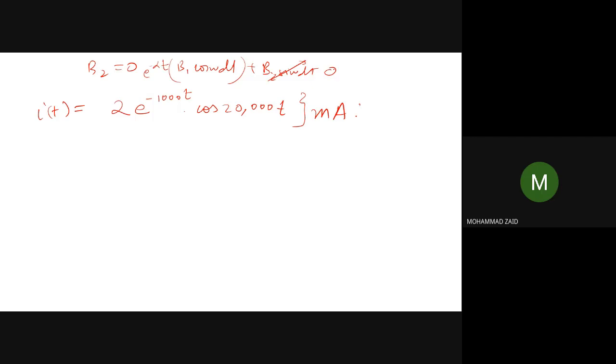If you draw the graph of this circuit, it will become something like this. What kind of response is it? It is an underdamped response, as you see that there is a cos function.